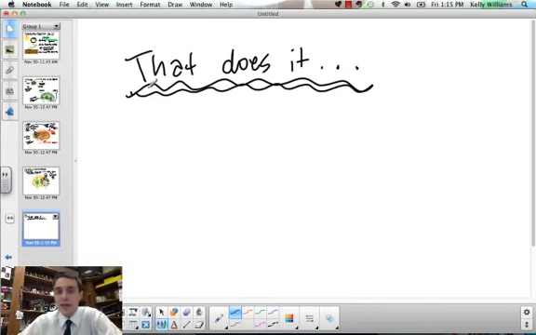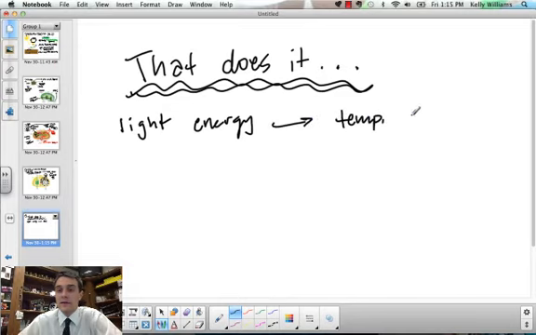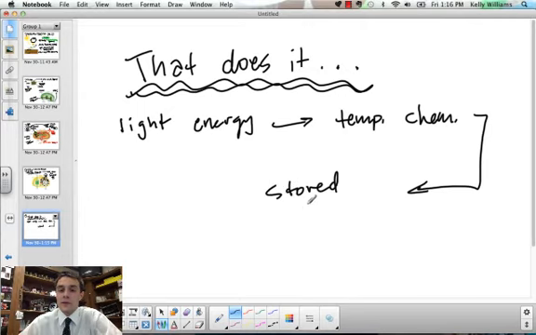Okay? Some big things to remember again is that this whole process is about going from light energy to temporary chemical energy to stored chemical energy. Okay? Light energy to temporary chemical energy in those forms that we saw in photosynthesis as we went through it, NADP and NADPH.